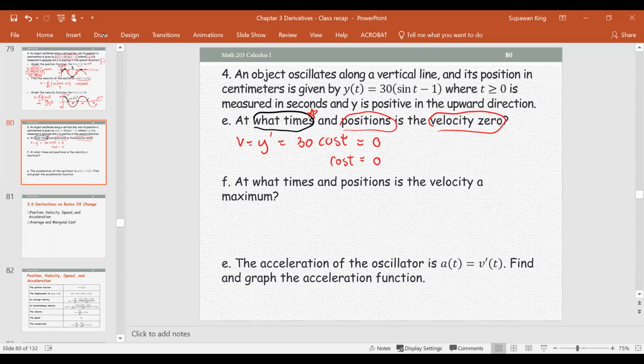For our case here, cosine t equals 0. If you have the unit circle, you can look it up. The cosine t is the x coordinate of the ordered pair xy. So cosine t equals 0 where the circle crosses the y-axis. That gives you t equals pi over 2, 3 pi over 2, then 5 pi over 2, and keep going.